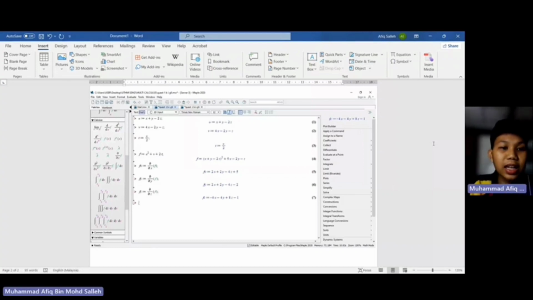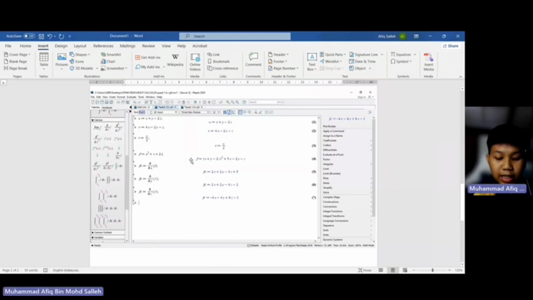As you can see, if you want to search fx, you just use delta per delta x. For fy, delta per delta y, and for fz, delta per delta z. And you enter.